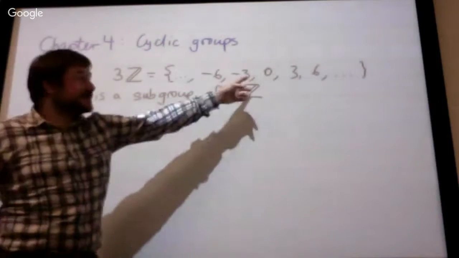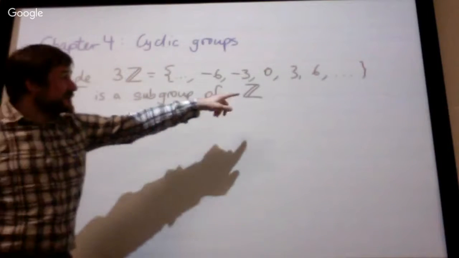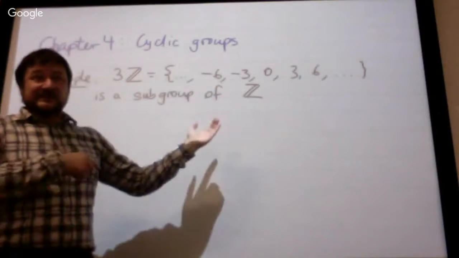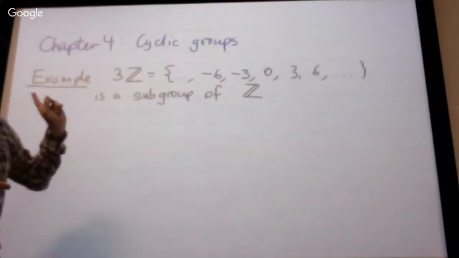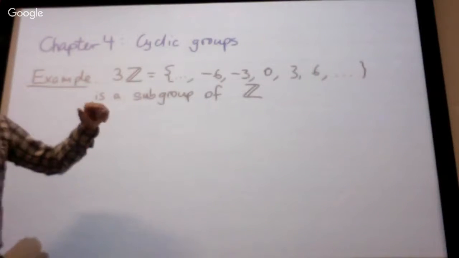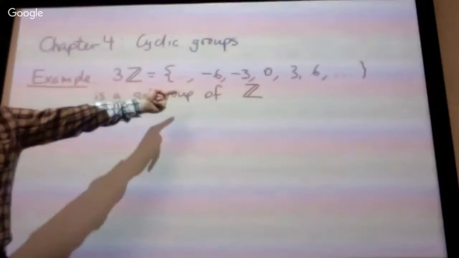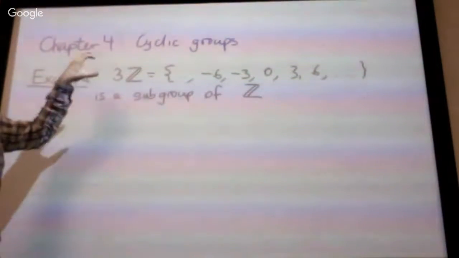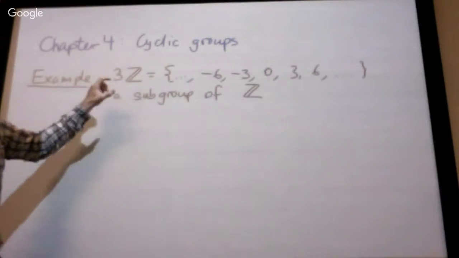You have to have the 0, because the identity has to be there. You have to have the negative of 3, because you have to have inverses. And by adding minus 3 with itself, you get all the negative multiples. So there's no way of getting a subgroup of Z containing 3 which doesn't contain all these numbers. So in this sense, 3Z is the smallest subgroup of Z containing 3.